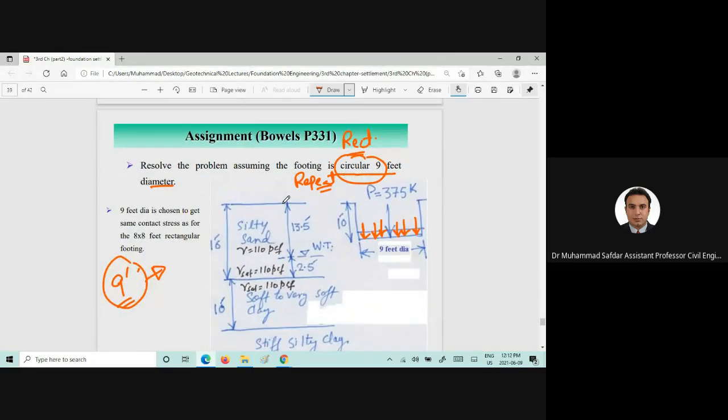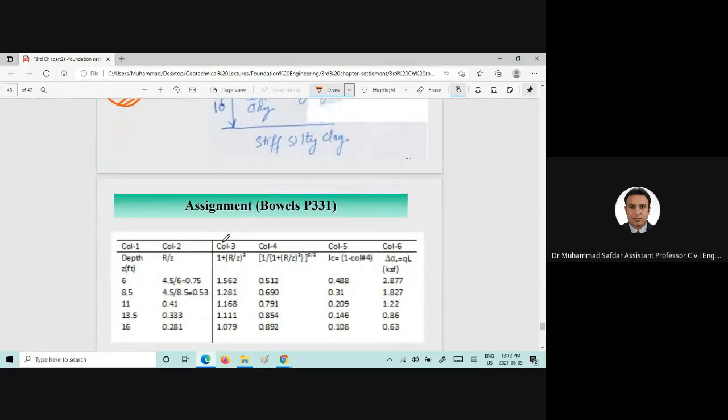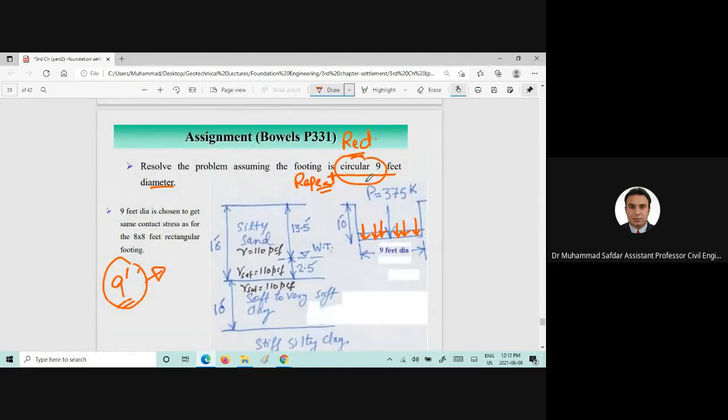Now you need to find out the stress increase due to the similar loading condition and similar soil condition. So this is 16 feet, okay, and this is 10 feet. Unit weights are given, water table information is given, rest of the information is the same.